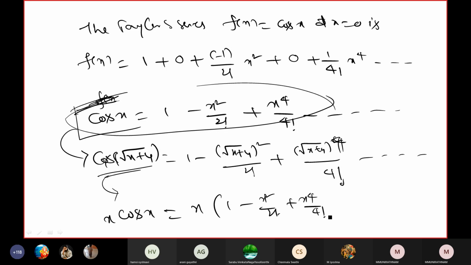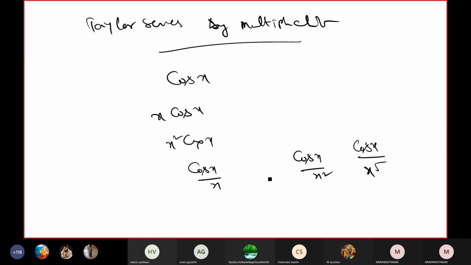Cos x by x square means 1 by x square of this. Likewise, whatever you require, multiplying, dividing, ln x by x, okay?